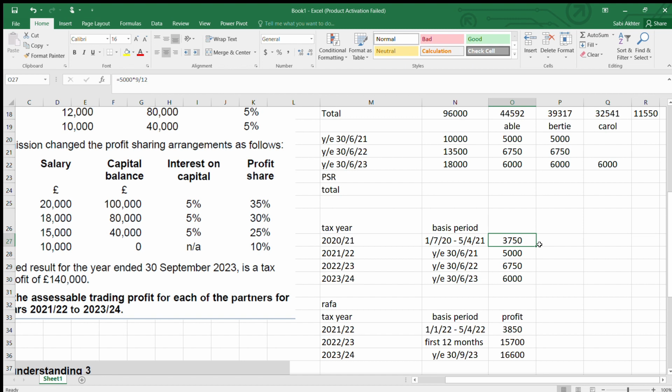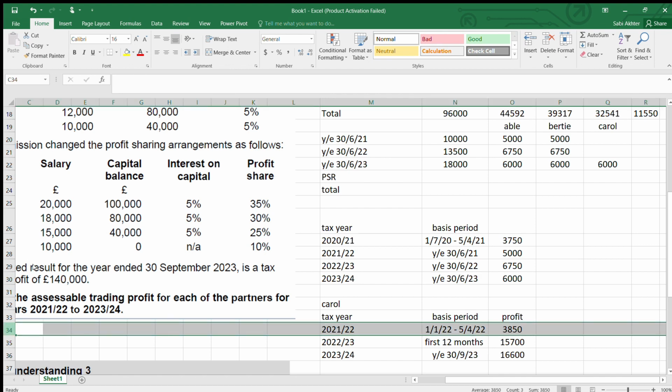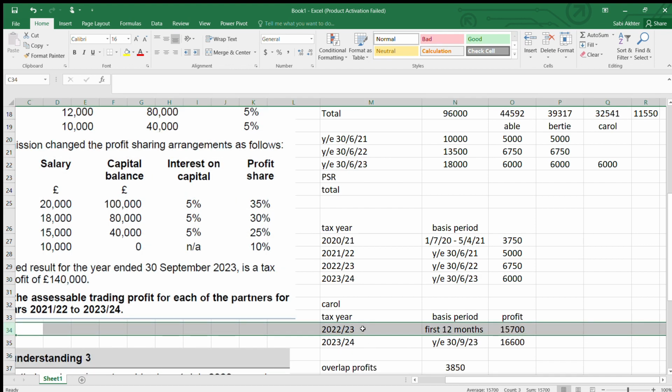And what about Carol? See, Carol started on 1st July 22, so he will fall in the tax year 22-23. For Carol, we'll do a separate one: 22-23 and 23-24.